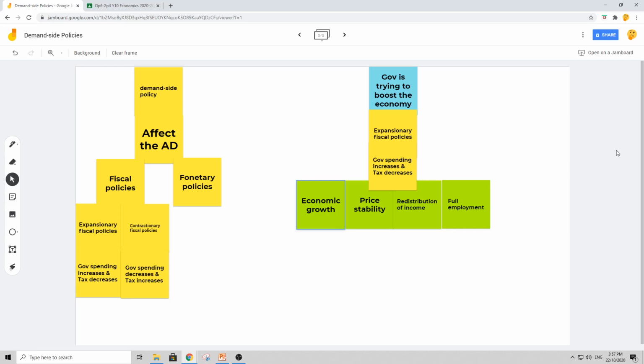Any real life application that you can use nowadays? Is our government using any spending to boost economic growth recently? Or pay workers?